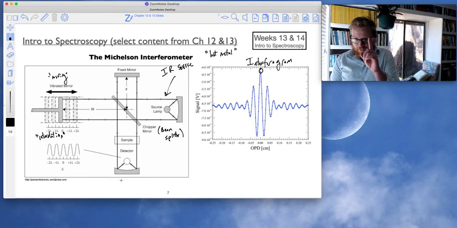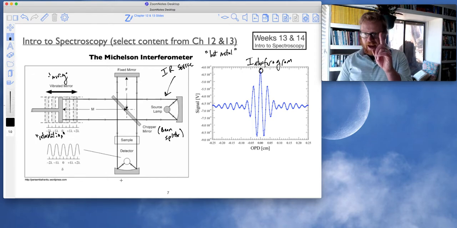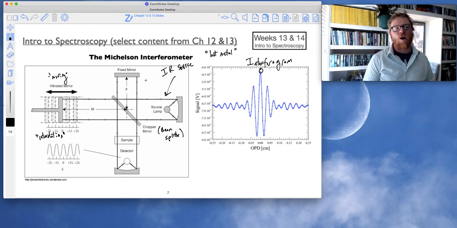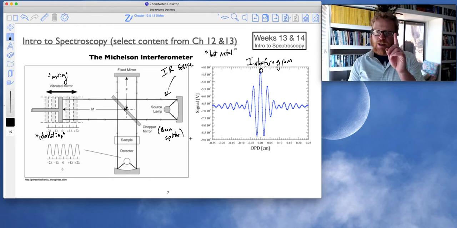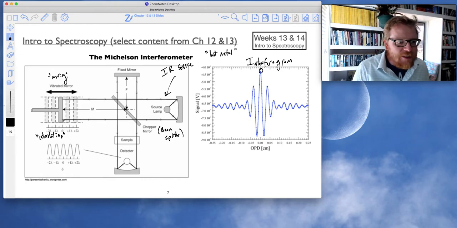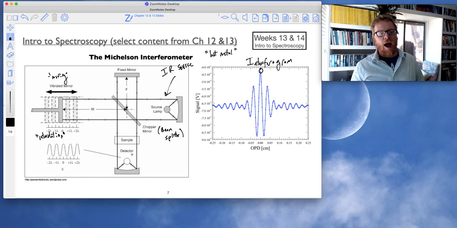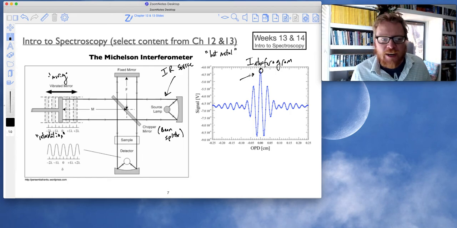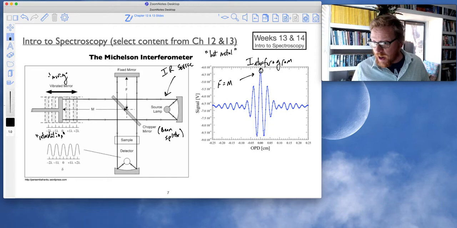Because it's vibrated, the mirror is vibrating back and forth, okay? We often call that modulation or retardation, the way that the mirror moves back and forth. At the 0 point, and I know it doesn't look like it on this figure, the F distance equals the M distance. And so that will give us maximum constructive interference, okay?